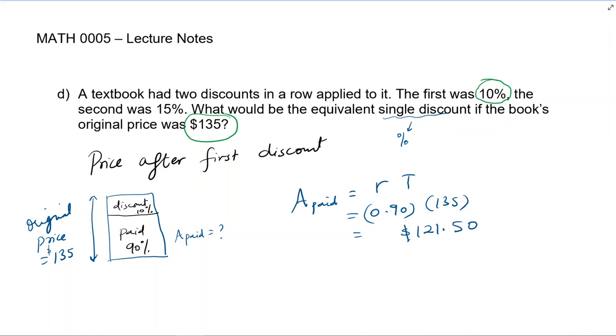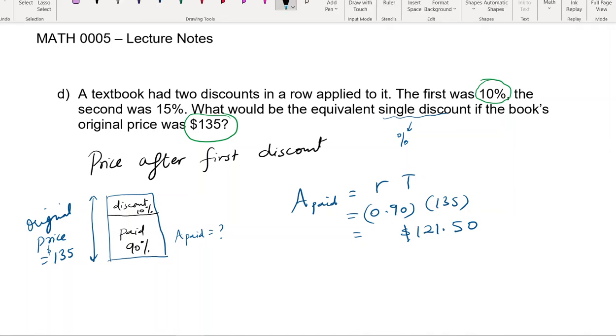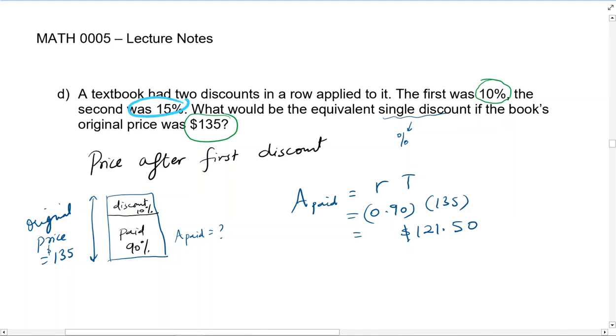Now there is a second discount, which is 15%. It is applied not on 135, but on the new price, which is after the first discount. So if we apply 15% on this price, what is the next amount that we pay?